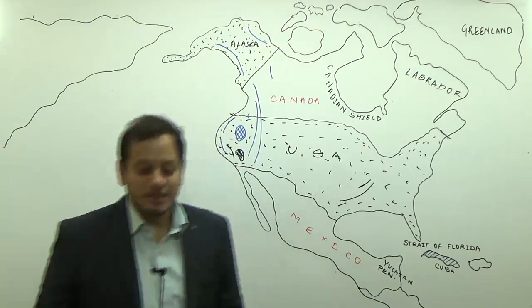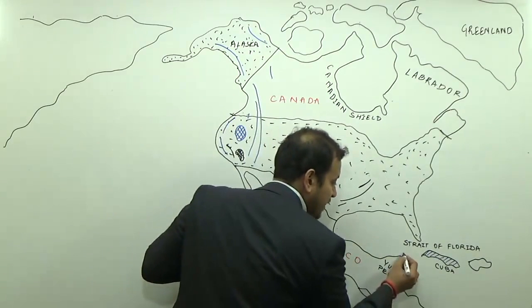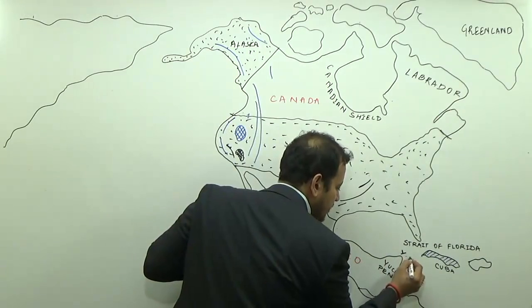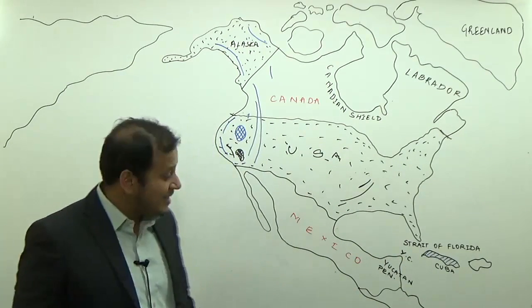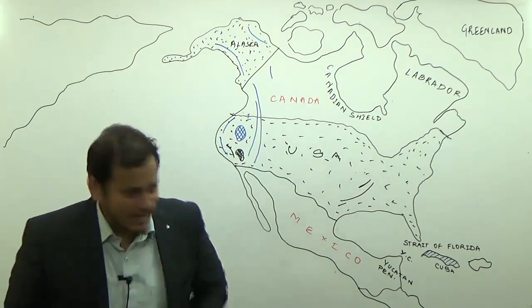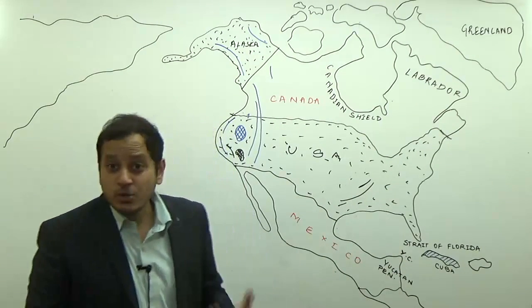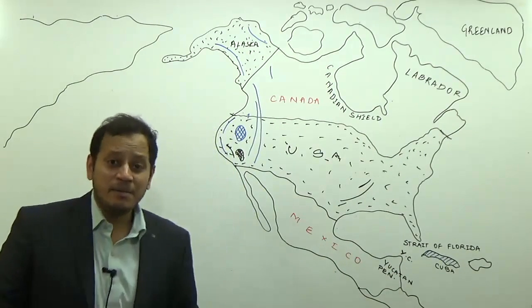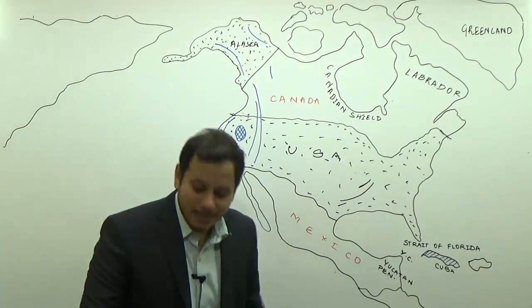The Yucatan Peninsula is in Mexico, and the channel is the Yucatan Channel; I am writing here YC. At the same time, if I ask you an alternate question, can we say the Yucatan Channel, which separates Mexico from Cuba, joins two seas? What is the name of the seas? Gulf of Mexico and the Caribbean Sea.